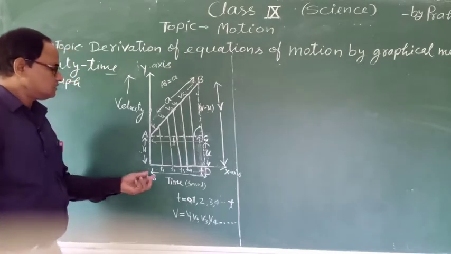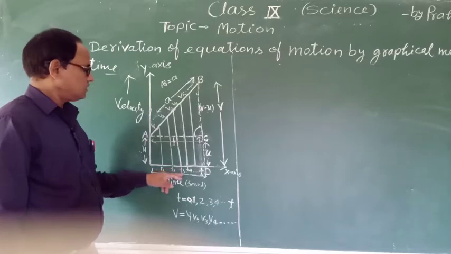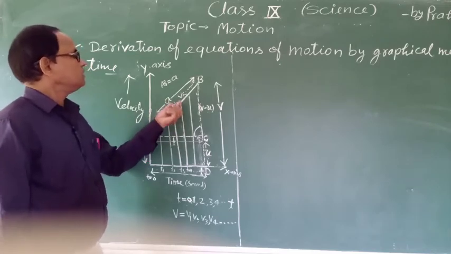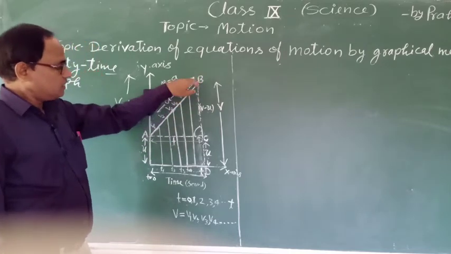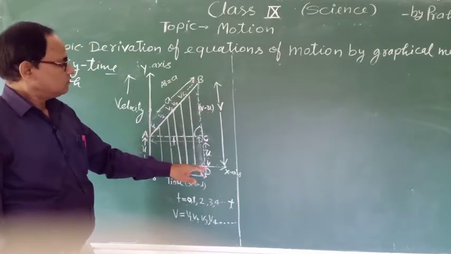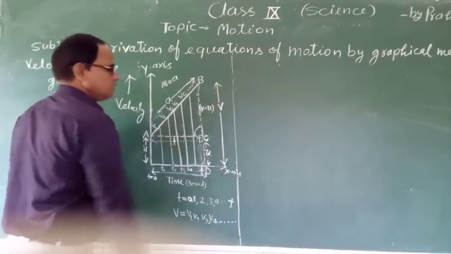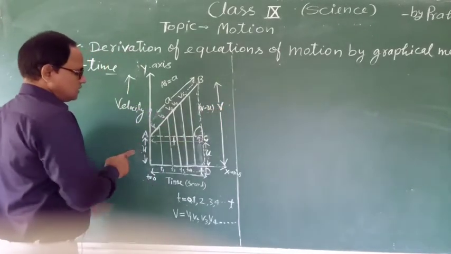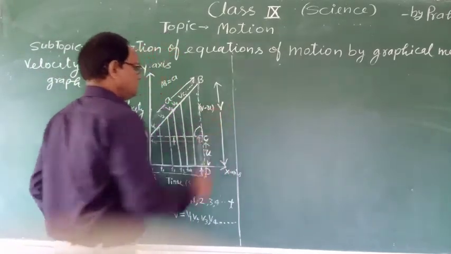After this, at time t1 velocity v1, t2 velocity v2, t3 velocity v3, t4 velocity v4, changing from u up to the final velocity v. Here u is the initial velocity and v is the final velocity.